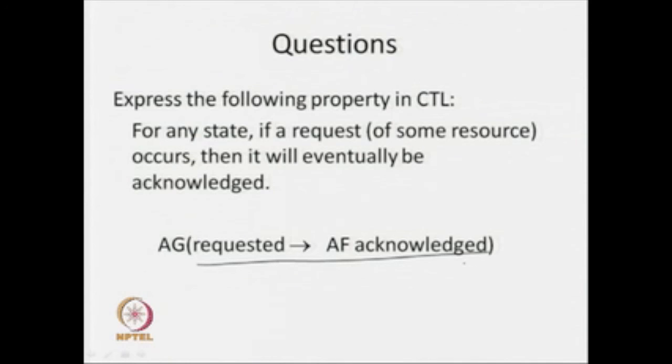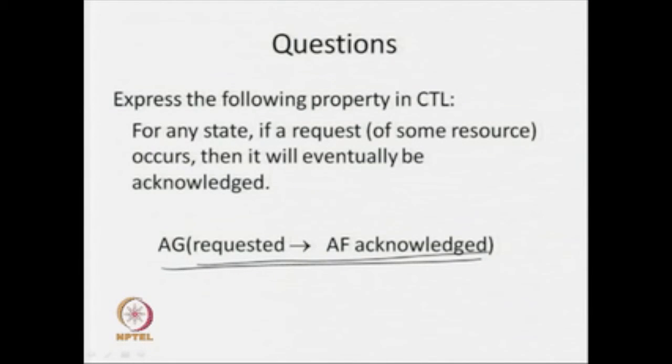If in a particular state a request happens, then from that state, wherever you go in all paths in future, we should get the acknowledgement. If there are some paths where we are not getting the acknowledgement, then if I follow that particular path, the system is going to face starvation, because it is not going to get the resources.